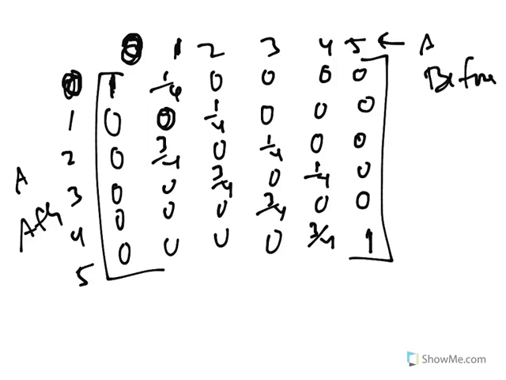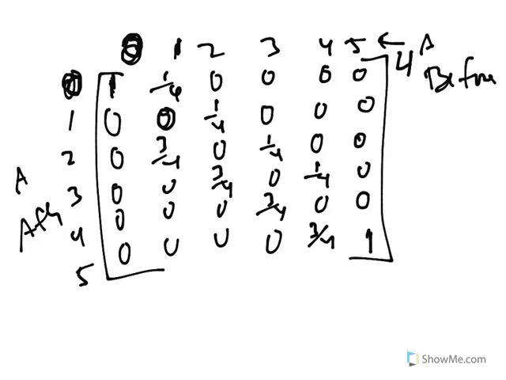And in this case they're asking after 4 games, so I would raise this matrix to the 4th power. The question was, what's the probability that he'll have $5 after 4 games?